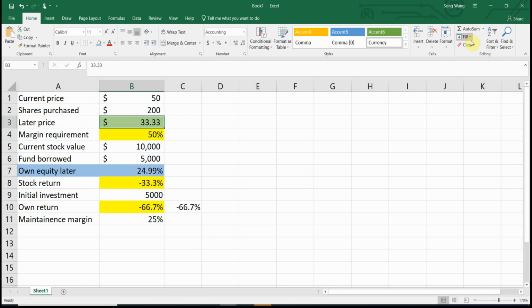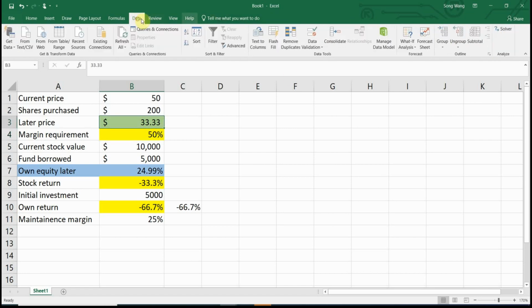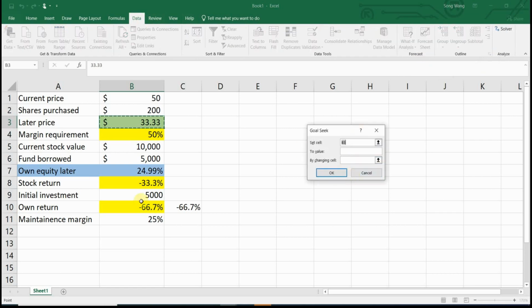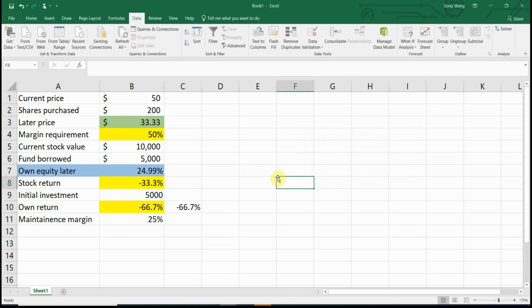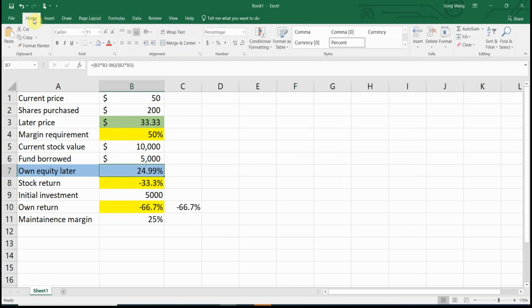Let me run the solver again to see if it can give me a better result. Make this equal to 0.25 by changing this later price, and hit OK. That's the best I can do here. If I decrease a decimal, it's going to show as 25%.